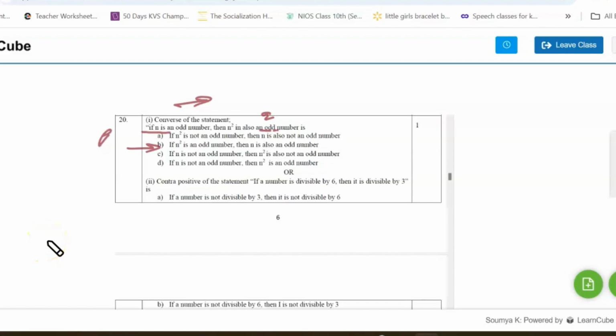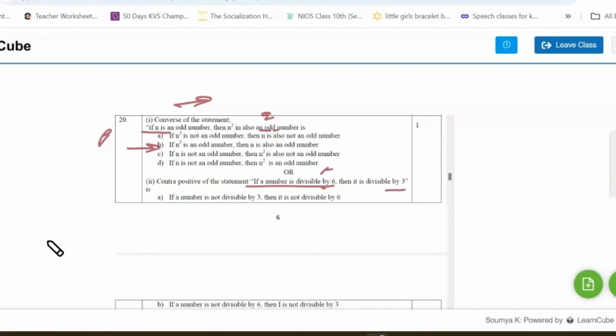Next one is contrapositive. It means you have two statements. If, for example, if P then Q, then if not Q then not P. That is the statement of a contrapositive statement. For example, here if a number is divisible by 6, then it is divisible by 3. That is the statement given to you.